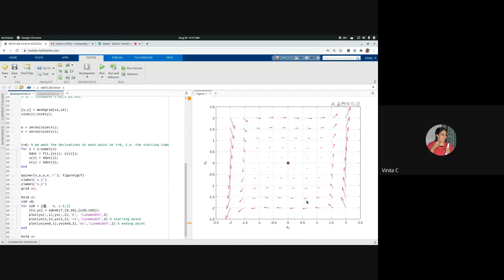See, it is going away. At the saddles, it tries to go away. Now 1,0 is also an equilibrium point. It will remain at that point. We gave 1,0 and it stays there. Let us try -1,0. Again it is remaining at that point. Okay, fine, good. So all of them stay there.